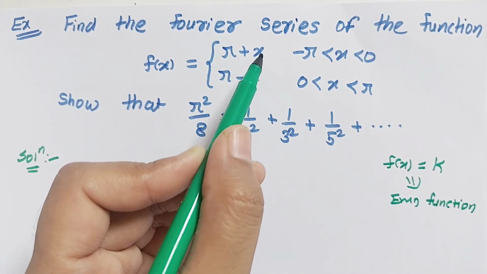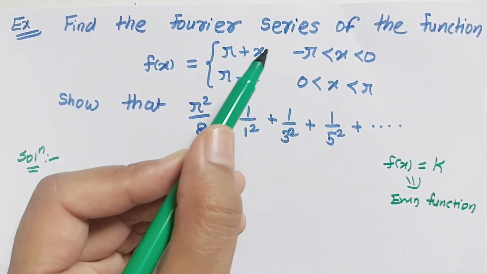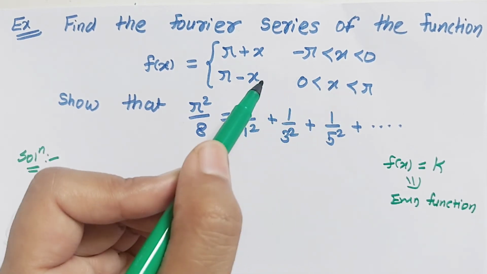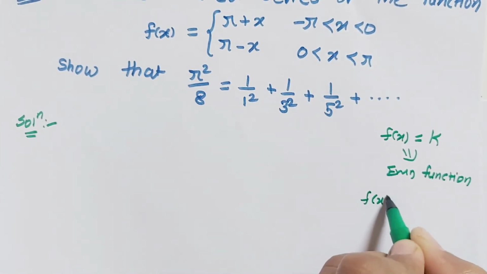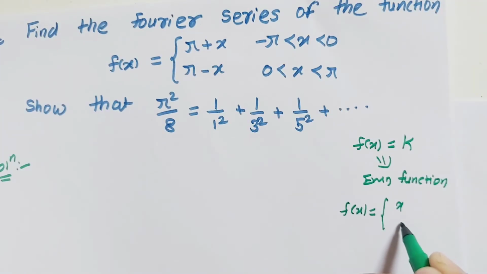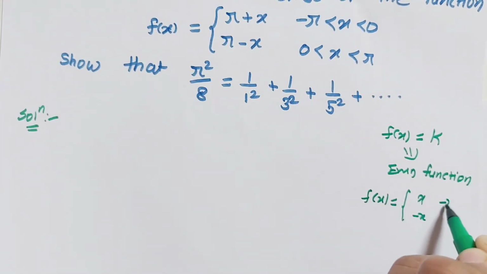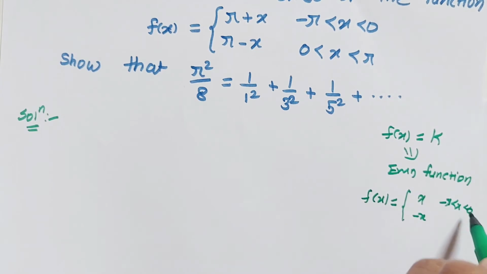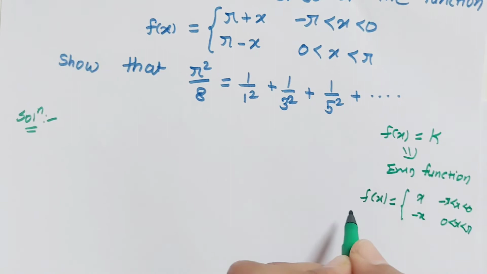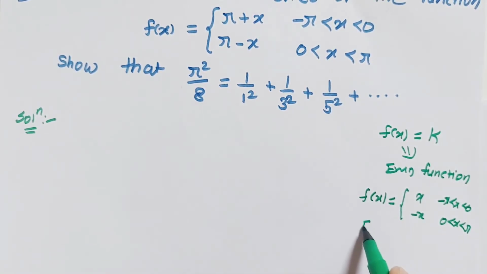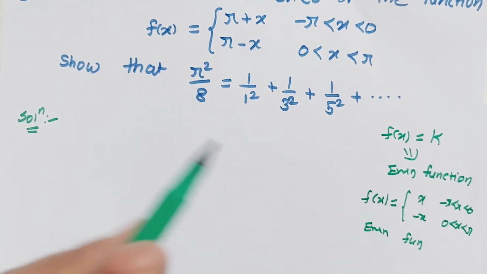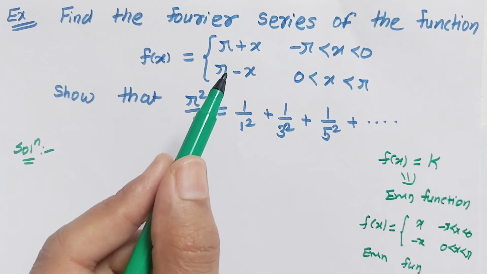What about the second? In the first interval minus pi to 0 it is x, and in 0 to pi it is minus x. So if we have broken the function into two parts, with x and minus x in the interval minus pi less than x less than 0 and 0 less than x less than pi, then even though x is an odd function, because of breaking into two parts it again becomes an even function. And we know that the addition of two even functions is again an even function.